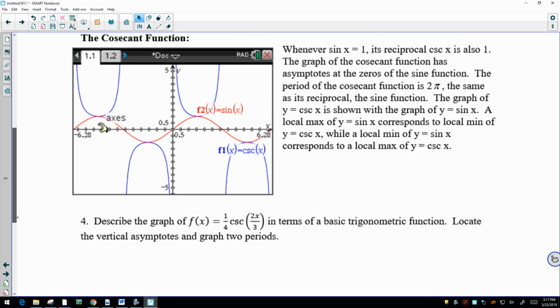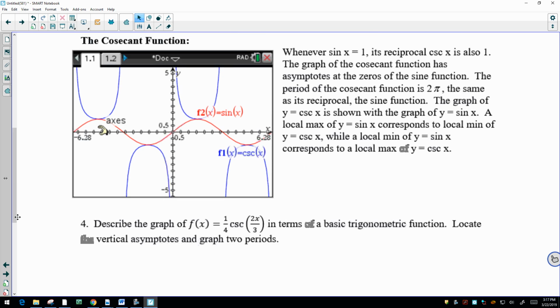And the last one we have is cosecant. Cosecant being the reciprocal of sine, similar to what we just did. Wherever we have zeros of sine, we have asymptotes for cosecant. Over here is 0 for sine, asymptote for cosecant.